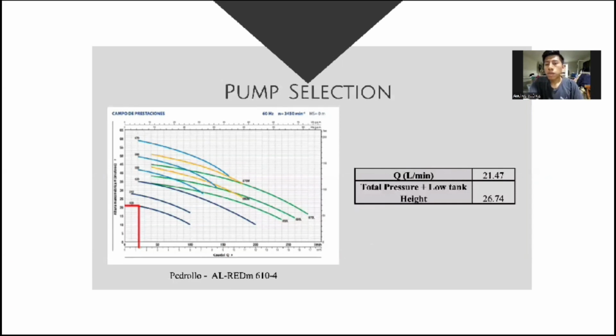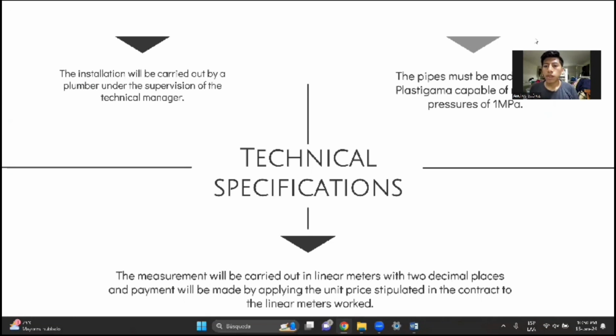According to the diagram, the pump required is all red and 610 4. In the technical specification, we have that the installation will be carried out by a plumber under the supervision of the technical manager.